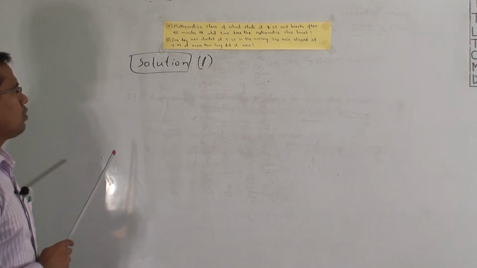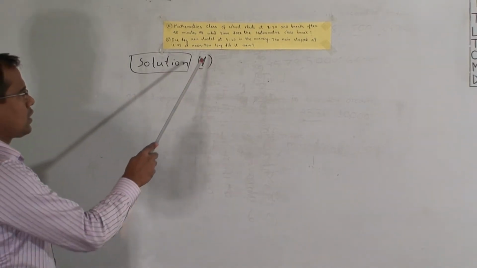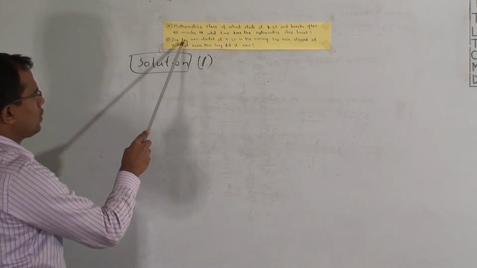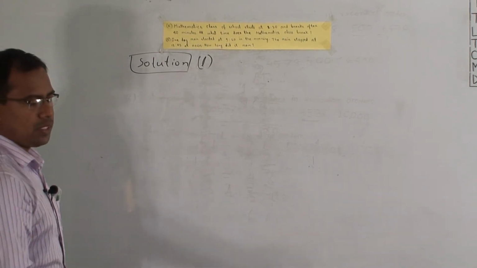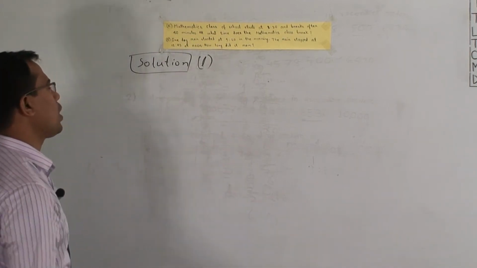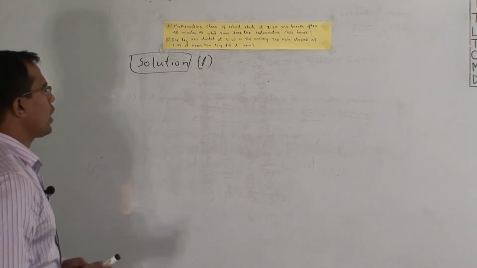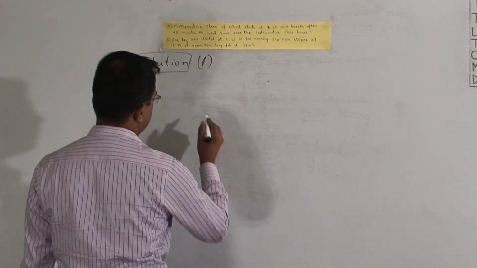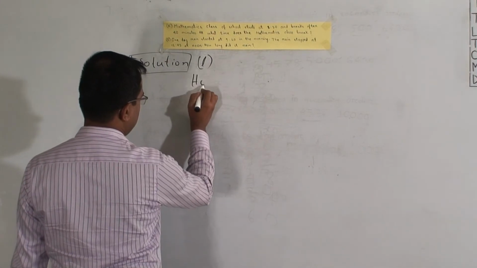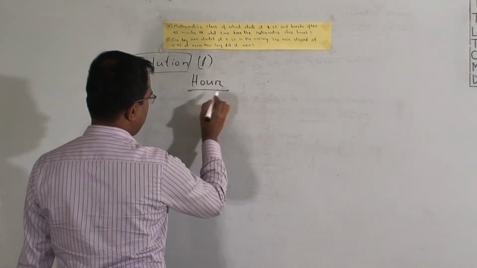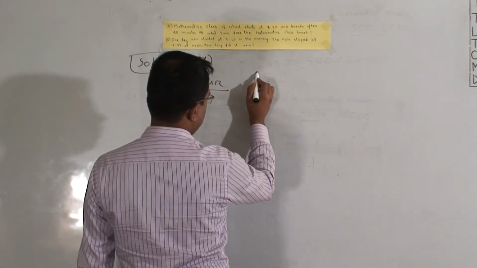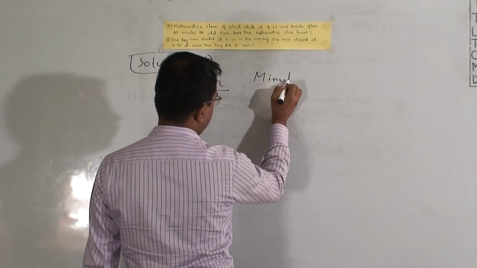So for finding out the time, we have to subtract this time from this time. And for subtracting, we have to create two columns, one column for hours and another column for minutes.